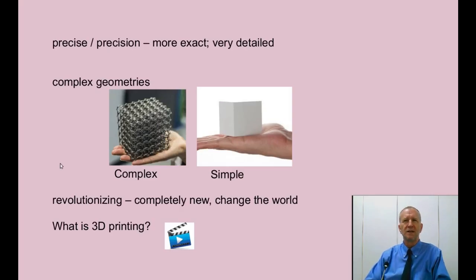You're going to hear the word precise. Also put the word precision in here because you will hear it used in both ways. Precise is exact. It's an adjective. Precision is a noun, and you will hear it used in both ways.